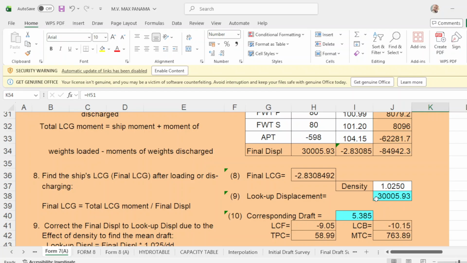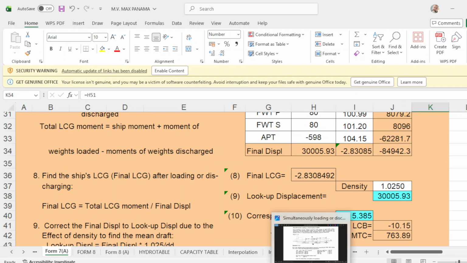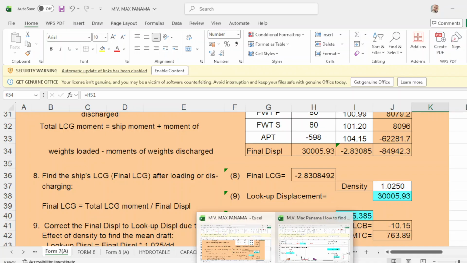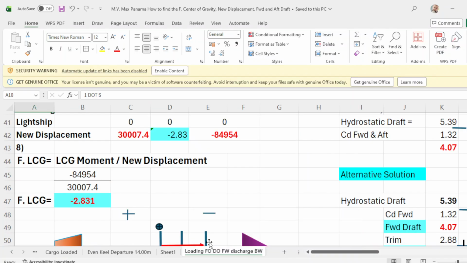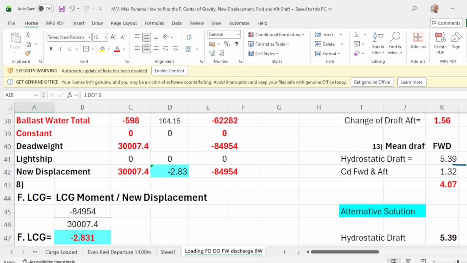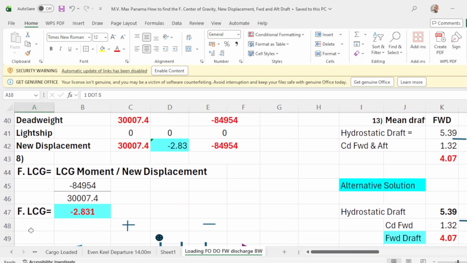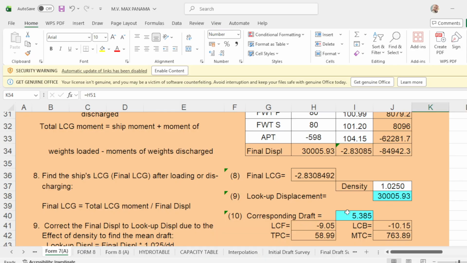And the corresponding drop of this displacement is 5.385. So this is your LCG. Okay, LCG is negative 283, which is this one, negative 283. I got it right.